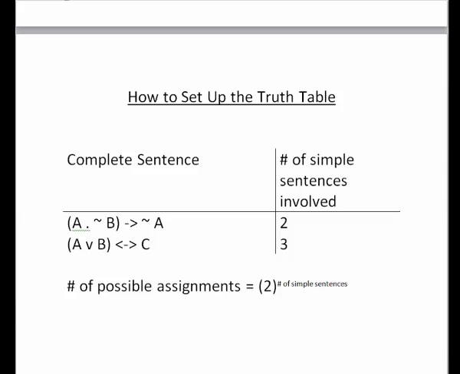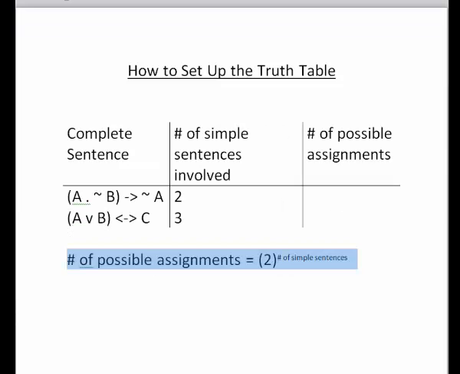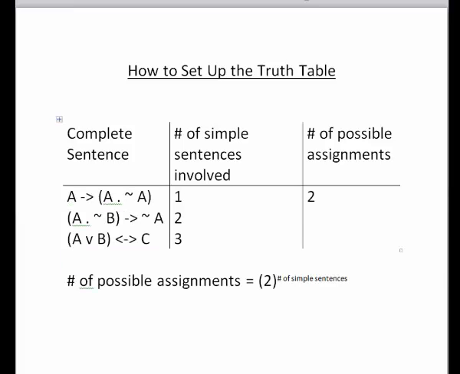If you really want me to explain that, I can. But I don't want to get on too much of a tangent, so let's just say that this is the formula. The number of possible assignments that you need to deal with is 2 to the power of the number of simple sentences involved. So if we have a statement with only 1 simple sentence involved, then the number of possible assignments is 2 to the first power, which is 2. And if we have a sentence with 2 simple sentences involved, then the number of possible assignments is 2 to the second power, which is, that's right, 4.